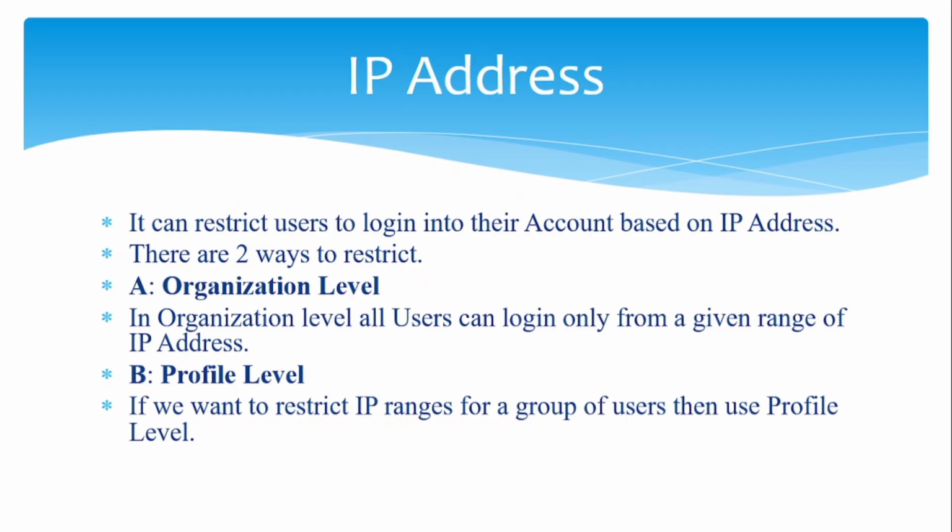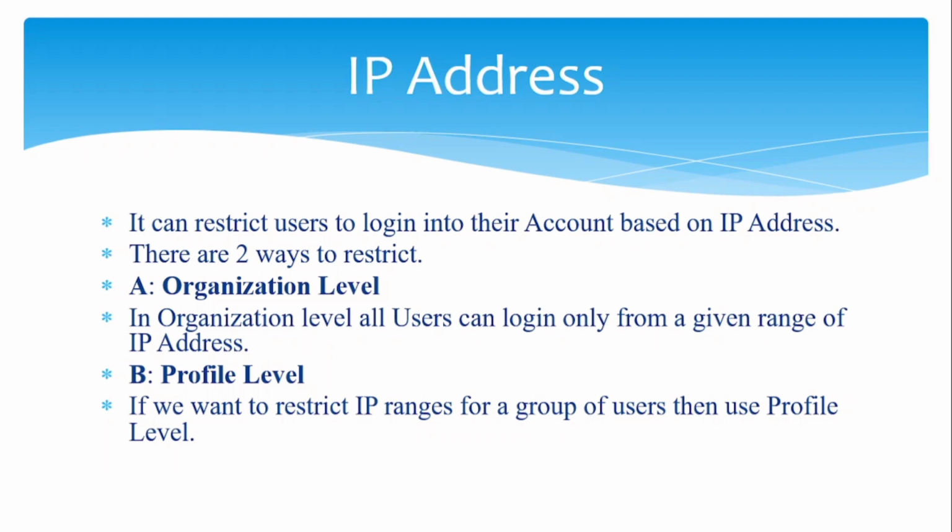It can restrict users from logging in to their account based on IP address. There are two ways to restrict: organization level, where all users can log in only from a given range of IP addresses; and profile level.